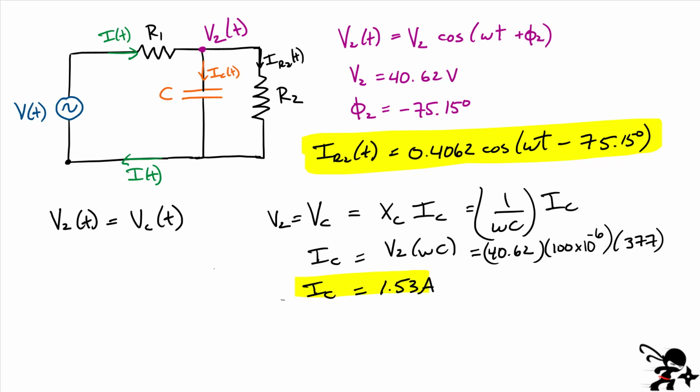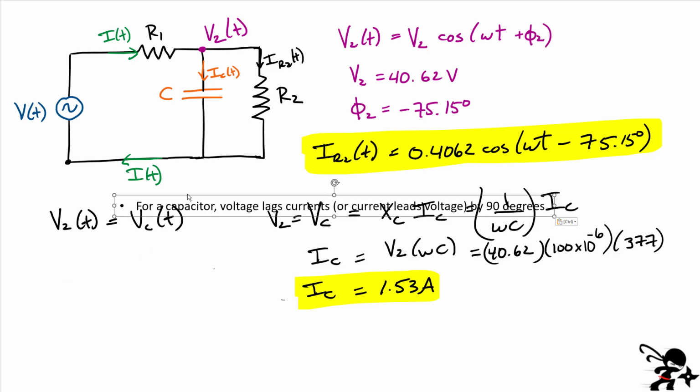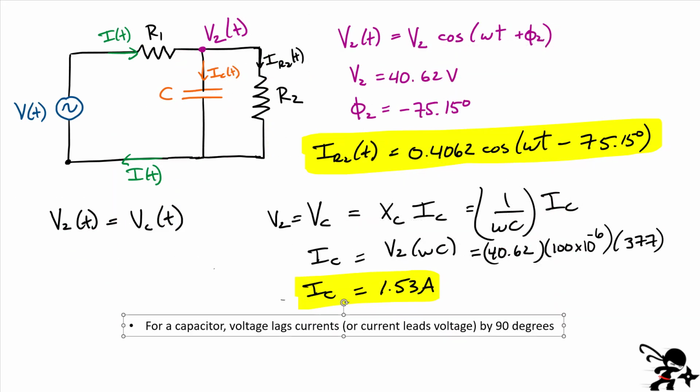Now, the last thing you have to do is find the phase angle. One thing you have to remember for a branch that only has a capacitance like this is that the voltage lags the current. Or if you wanted to write it in terms of the current, you could say that the current leads the voltage, and it always leads it by 90 degrees if it's only a capacitor here.